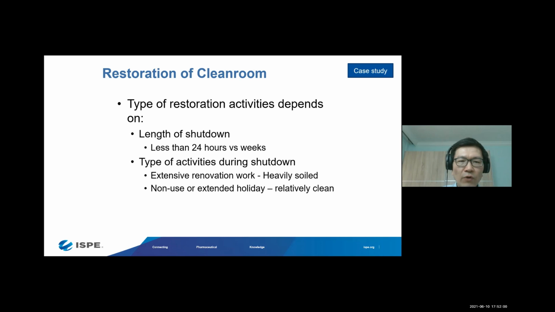For example, for extensive renovation work, if the surfaces in the cleanroom are heavily soiled, you may need a pre-cleaning step to remove the heavy soil. For non-use or extended holiday, the surfaces in the cleanroom can be relatively clean, so it should be easier to restore back to the operational state. Next.